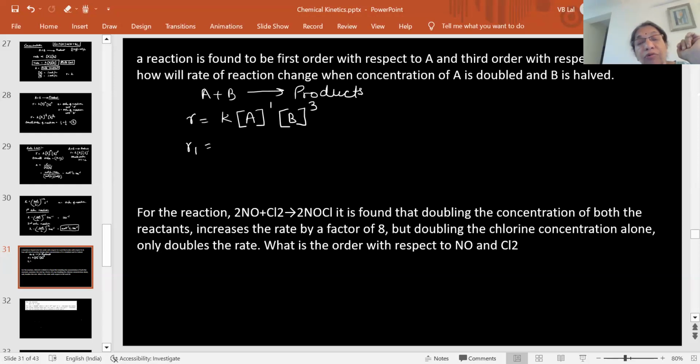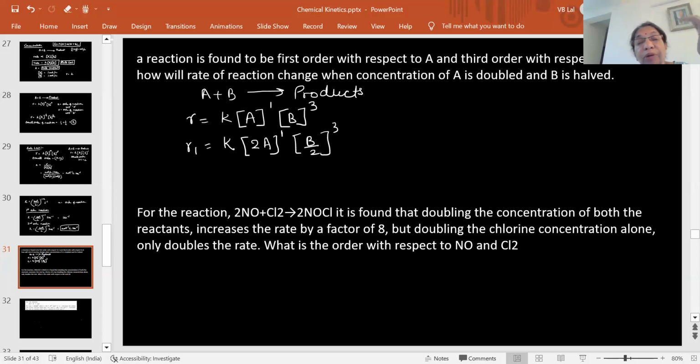The rate constant will remain the same because we are talking of the same reaction. A becomes 2A, twice A, so it will be raised to 1, and B has become B by 2 raised to 3.